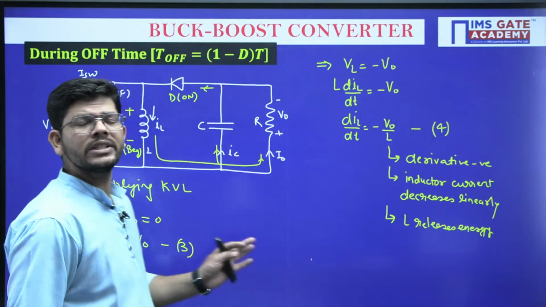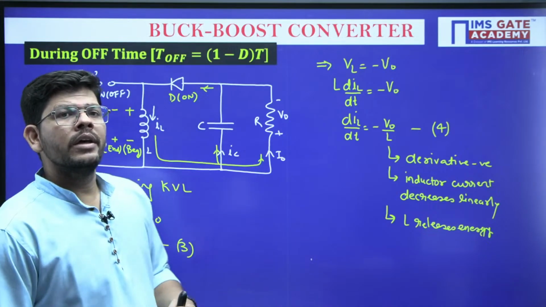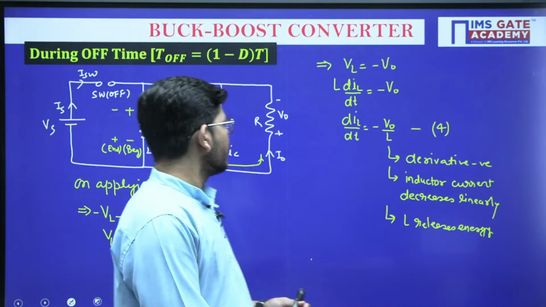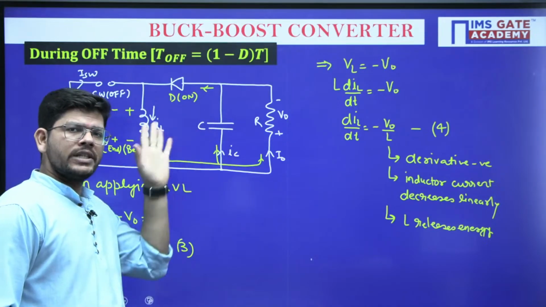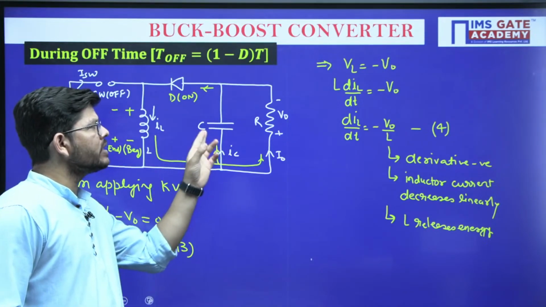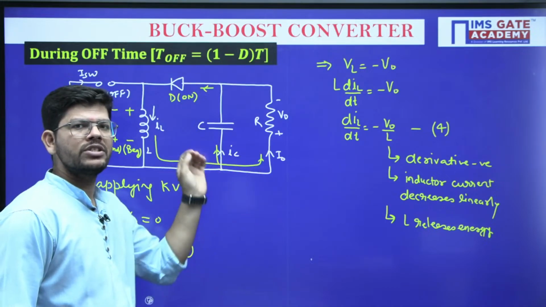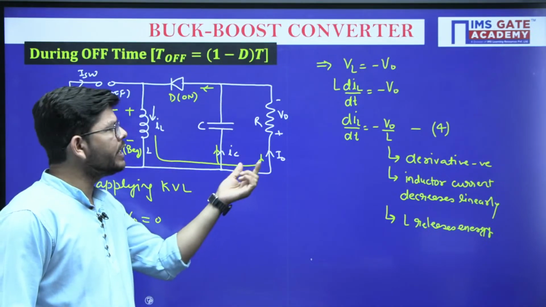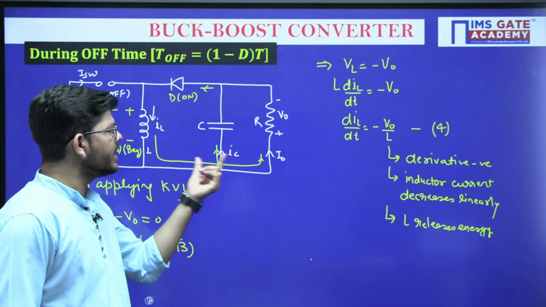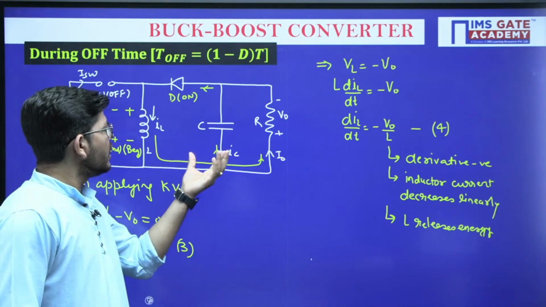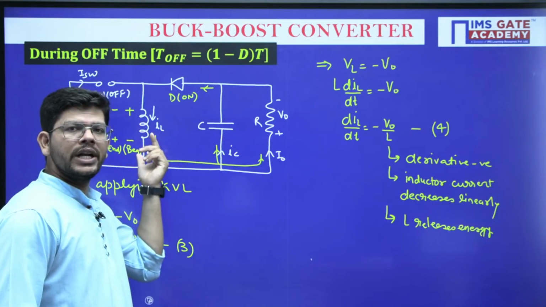So this is how this circuit is operating in the on position and in the off position. Earlier, when the switch was on, the diode was off and the load was disconnected from the source, and at that time the capacitor was maintaining I naught constant. It was discharging through the load to maintain I naught constant. Now the load is getting connected to the inductor, isn't it?